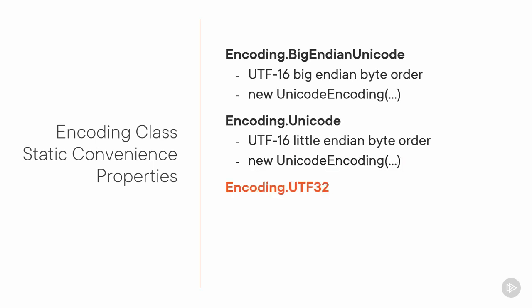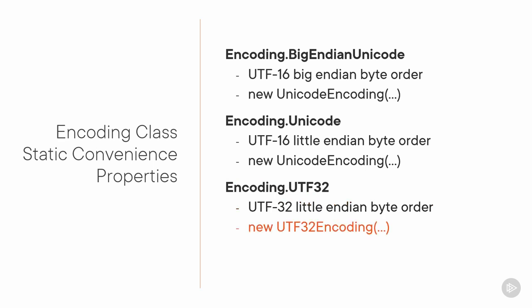The Encoding class also has a static property called UTF32. This represents UTF-32 encoding with Little-Endian byte order and ultimately gives us an instance of the UTF-32 encoding class. In addition to using the static convenience properties of the Encoding class, we can also directly instantiate the different encoding classes, such as the UTF32Encoding class.